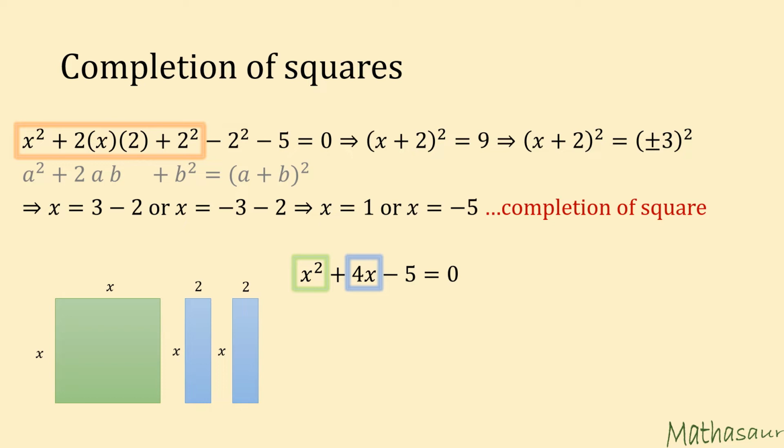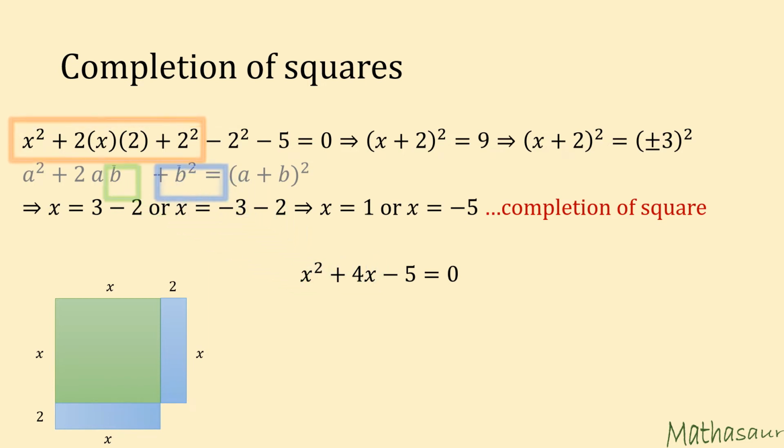Now let us rearrange these rectangles, and we see that we are short of one small square to complete the big square. Now the small square has side equal to 2 units. Recall that we added 2 square.